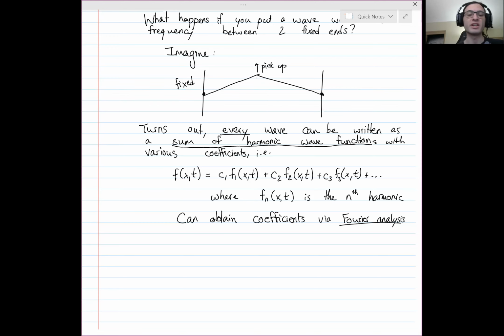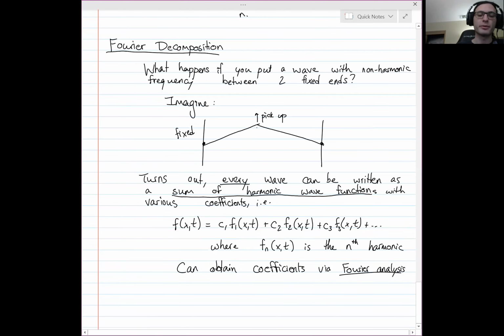So the point is you would start off with this triangle shape here, and then you'd say, okay, well, how much of that wave is the first fundamental, or is the fundamental frequency? Well, the fundamental looks something like this. So it's mostly that, but it's a little bit lower here and a little bit lower here. So how do we fix that? Well, we'll have to add some amount of the second harmonic.